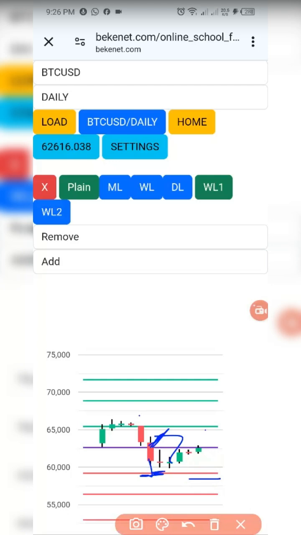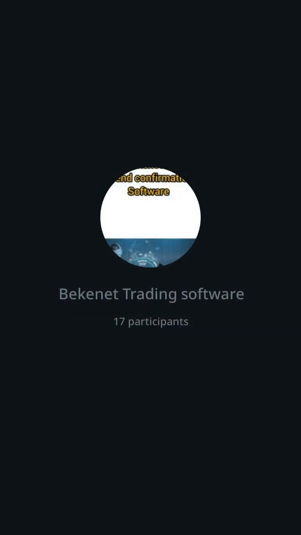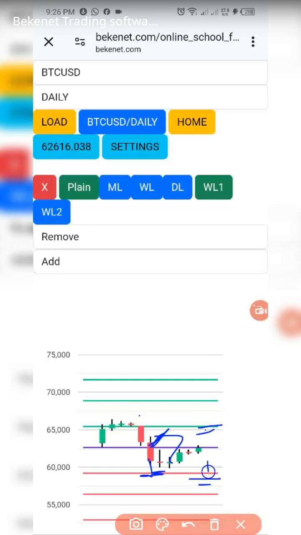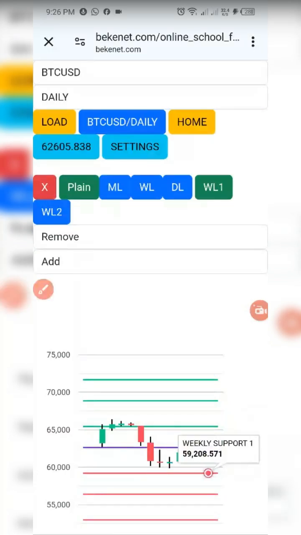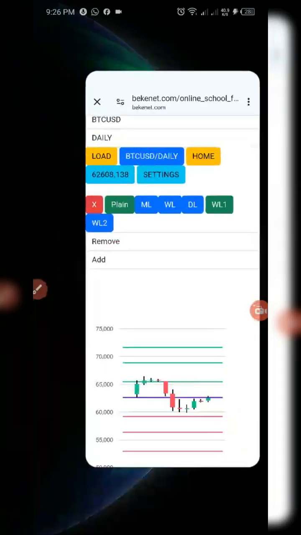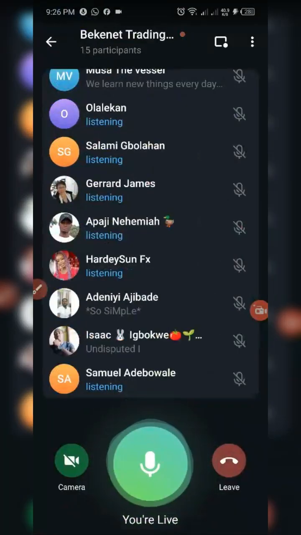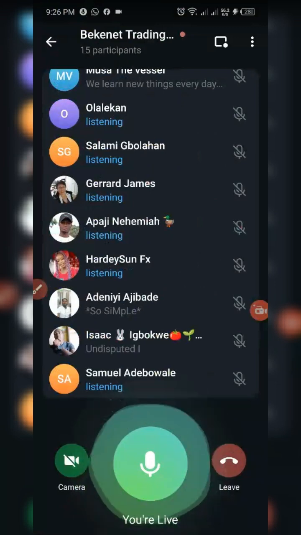But your take profit can be less than or equal to it. You understand? The reason is that we will not allow it to come, test you, take you out and bounce back again. So just give it a little space below it. Once you tap it, you see the price, and you add a little space underneath it. So that's how it is. Hope that is clear, sir. Hope it's clear.